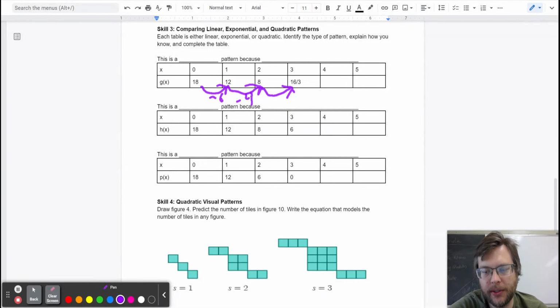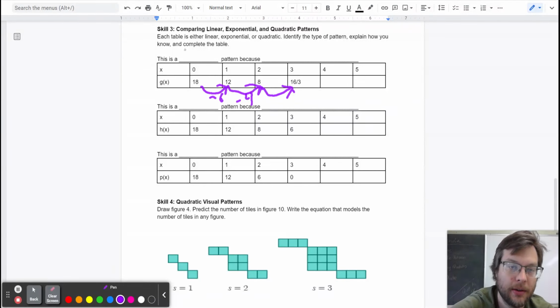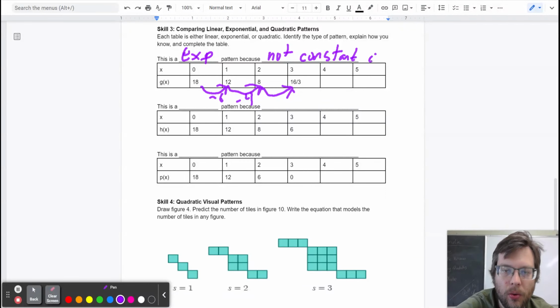But it doesn't go minus 2, it goes to a fraction. So I know that there's an exponential pattern. I know it's exponential because it's not a constant or linear change.